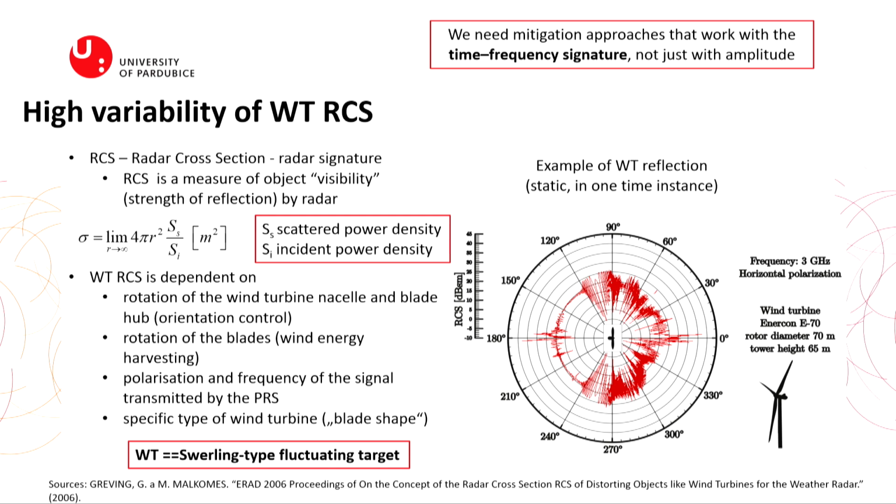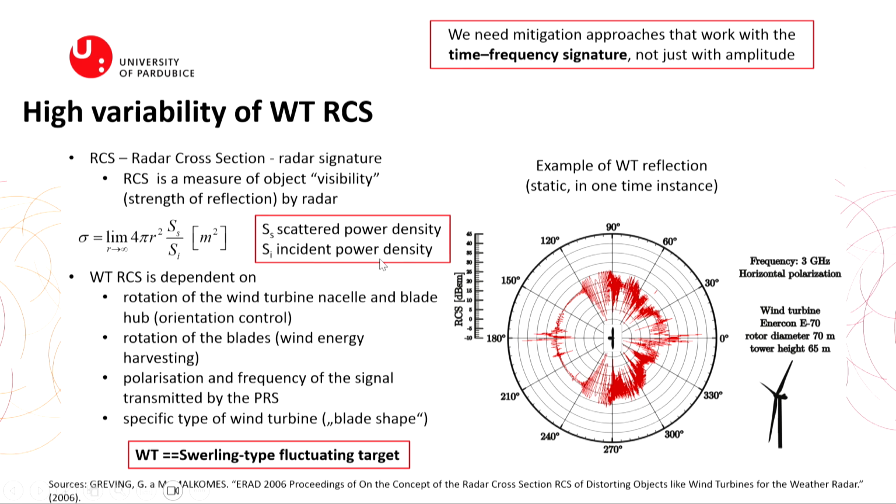It is in square meters, and the definition formula is sigma equals the limit as r goes to infinity of 4 pi r squared times SS divided by SE. SS is the scattered power density and SE is the incident power density.